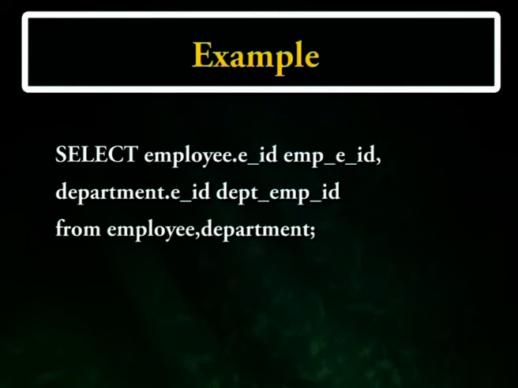Secondly, we can give an alias, that is a dummy name, to be displayed in the resultant relation of this query. So, look at this example. Select employee.E_ID as EMP_E_ID, department.E_ID as DEPT_EMP_ID from employee, department.